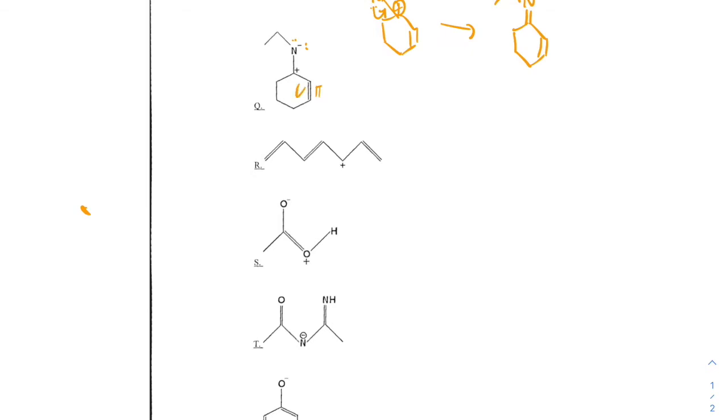The other move we could do is take those pi electrons and move them in to form a pi bond towards the top of this molecule, and there would be a positive charge here on this carbon here.